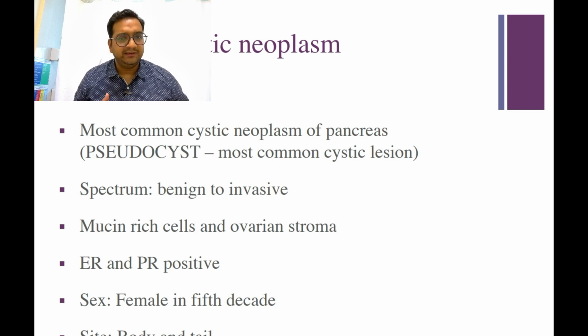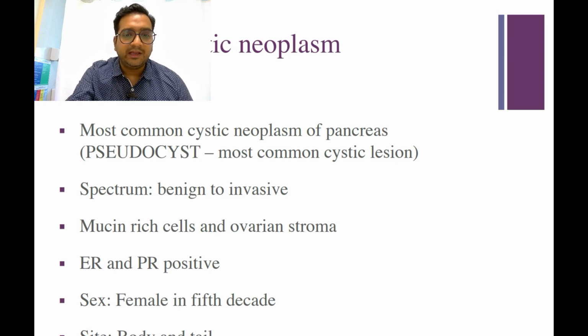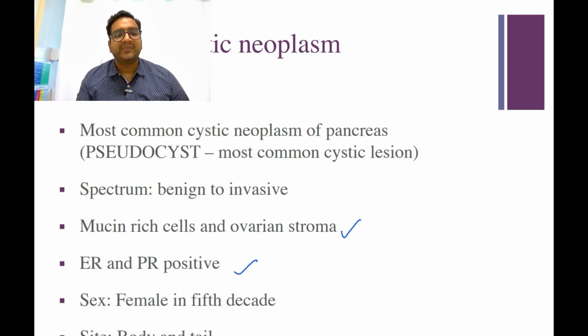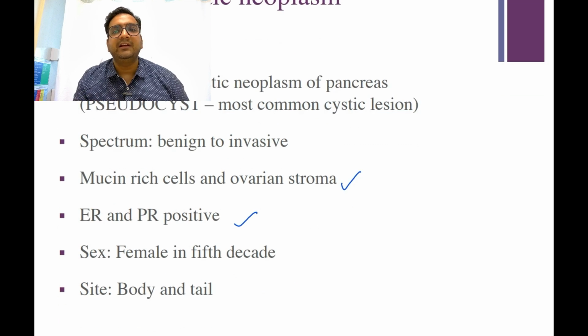It is mainly seen in females in the fifth decade, in the body and tail region of pancreas, having mucin rich cells and presence of ovarian stroma, and it is also ER/PR positive. These are important MCQs.